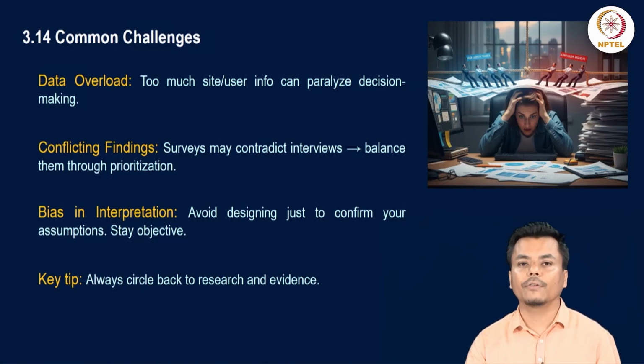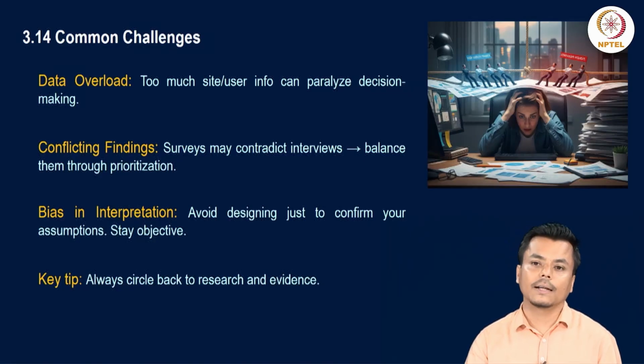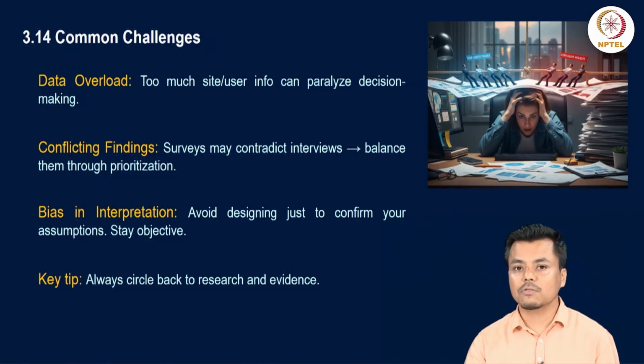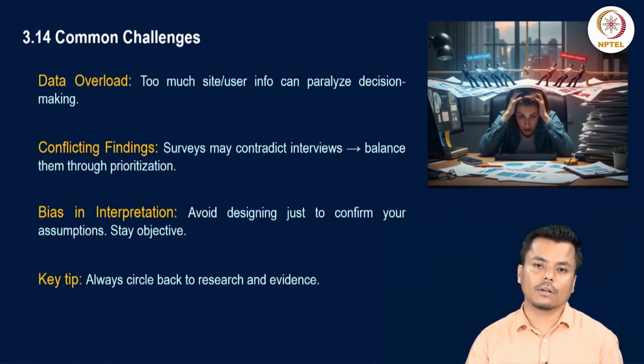So you will get feedback on these inputs, and this is why you have to be objective about the decisions you take. The key tip here is to circle back to research and evidence, as well as a discussion with your thesis supervisor.